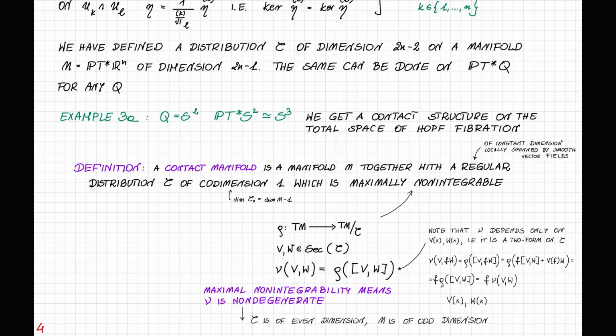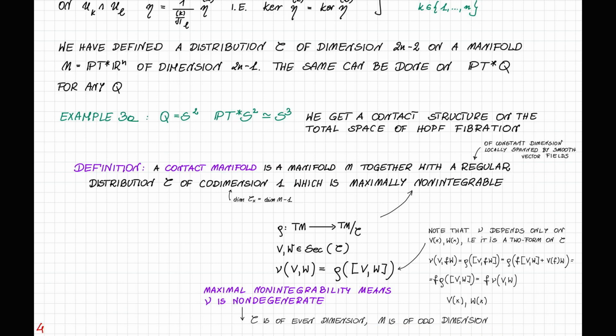From this we can immediately conclude that C always has to be of even dimension, which we've seen in all the examples, and this of course means that M is of odd dimension.